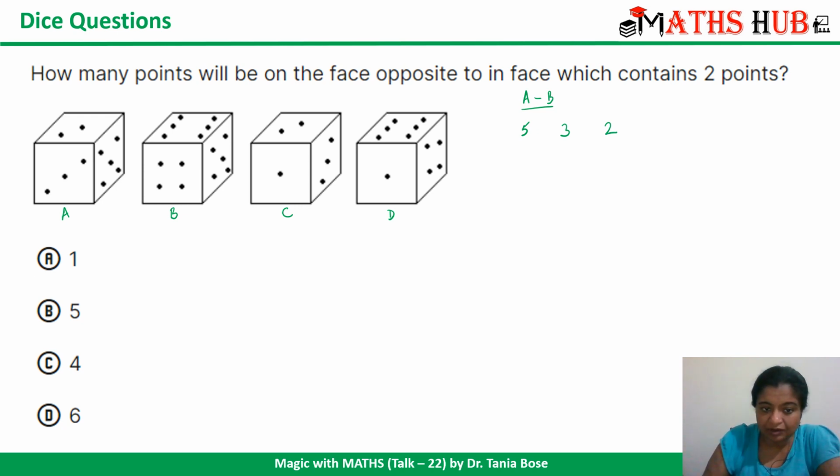In the second one, we start with 5 and then when we write it in a clockwise direction, we get 5, 4 and 6, right? Okay. So now you can see here that opposite the face 2, it is coming out to be 6, right?